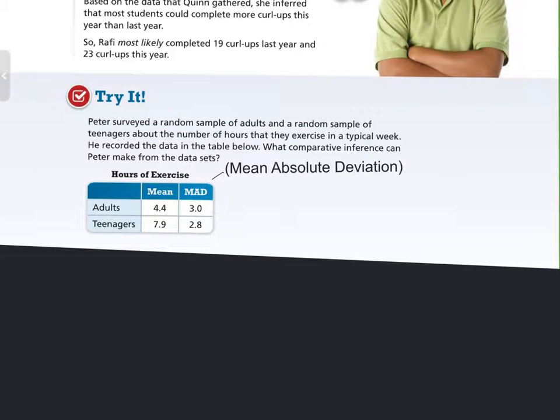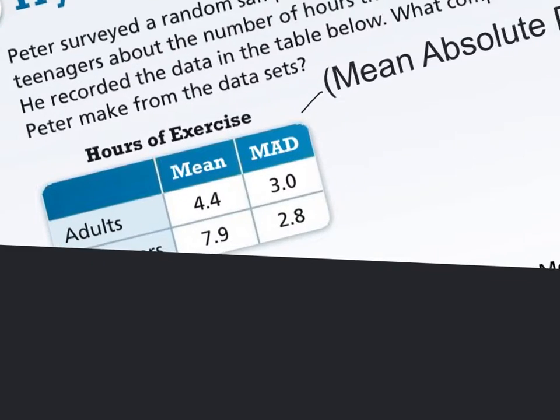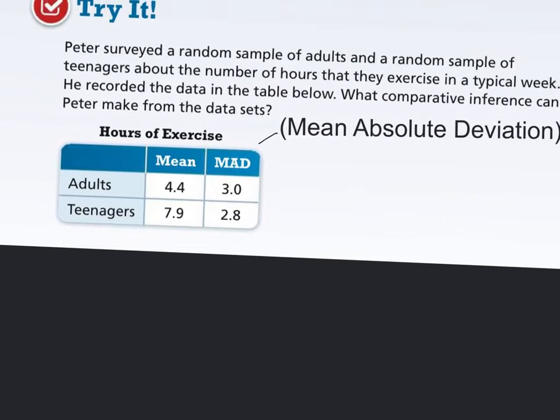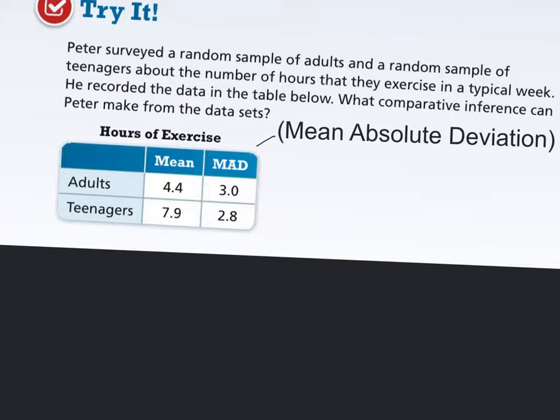So, looking at our information here, looking at the table, pretty big difference here we can tell off the bat is in the mean. Okay, for the mean, pretty quick to notice teenagers had a lot higher mean for the hours of exercise than adults did.